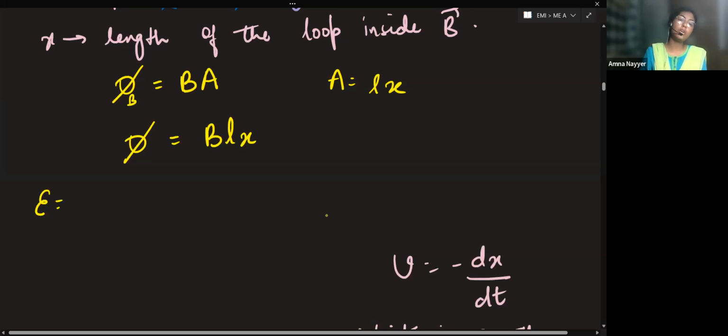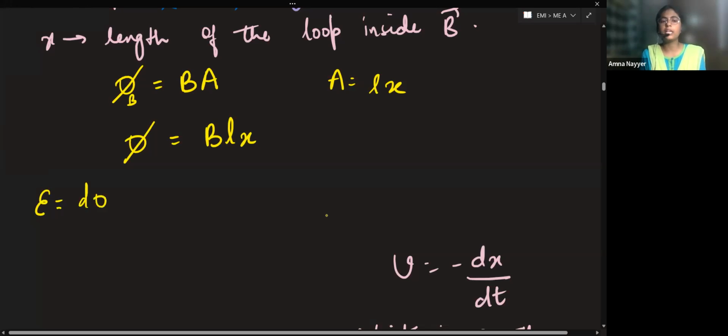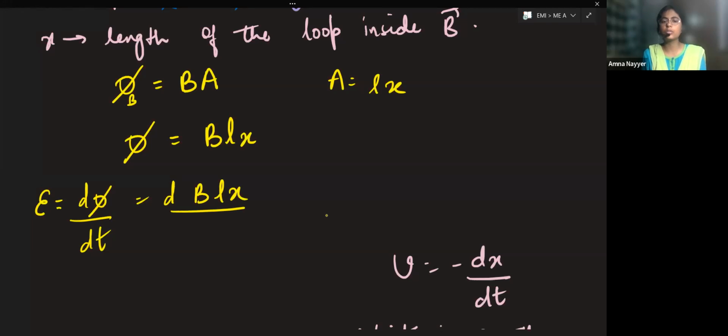EMF, using Faraday's laws, this is a derivation. Using Faraday's laws of EMI, you can write the magnitude of EMF as d phi over dt. Put the value of phi, that becomes d BLX over dt. Magnetic field is a constant, it will come out. Length of the conductor will always remain fixed, it will be L. But this small x is variable. You can see here the x value is very less, here the x value is greater.